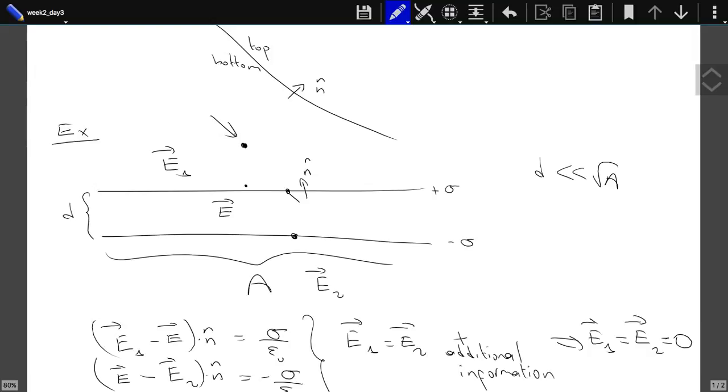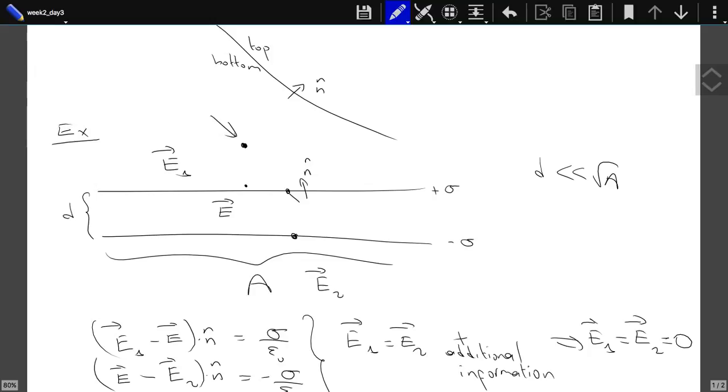Of course, we are making one assumption, that the plate is very large. Ideally, it should be infinite. Because if the plate is not infinite, if you translate it horizontally, you are changing your charge distribution. It will look different.